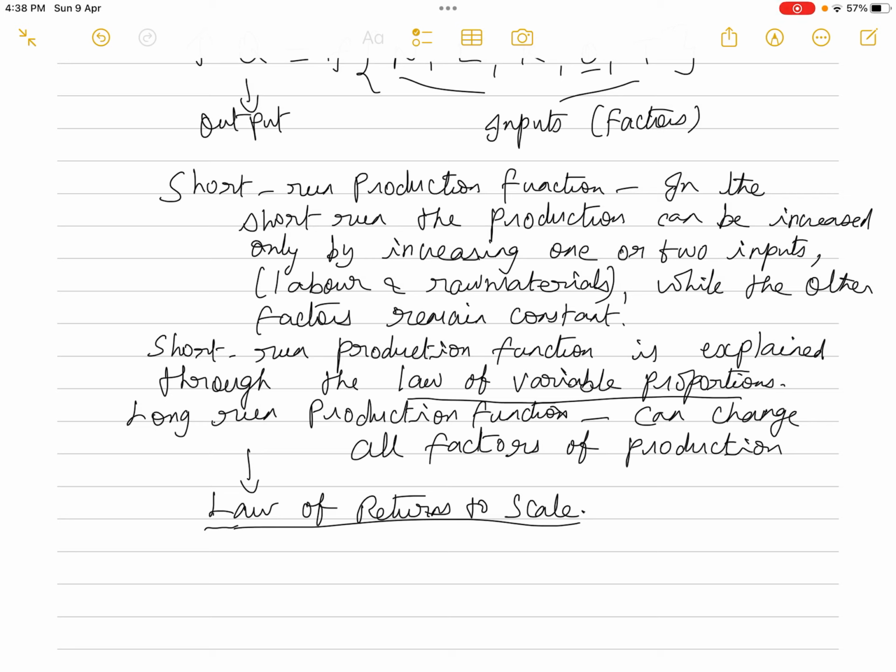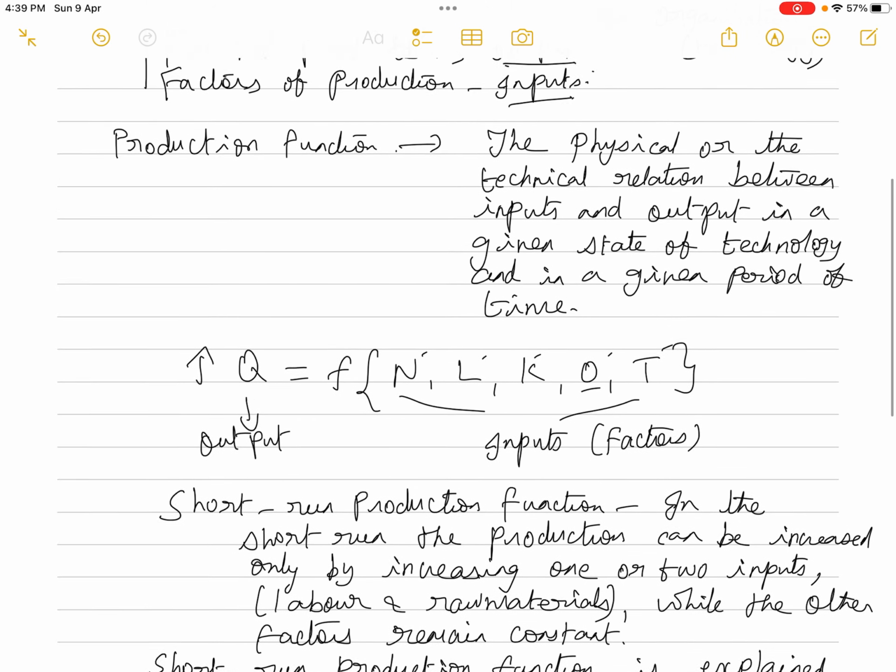Even in the long run, even if he can change all the factors of production, if he keeps on expanding, the producer will incur losses. So both in the short run and in the long run, at which stage the producer will get the maximum profit, so that he has to stop the production not to incur losses, is explained through these laws.